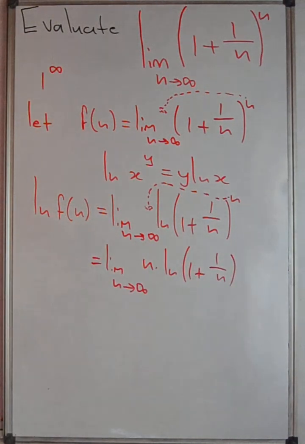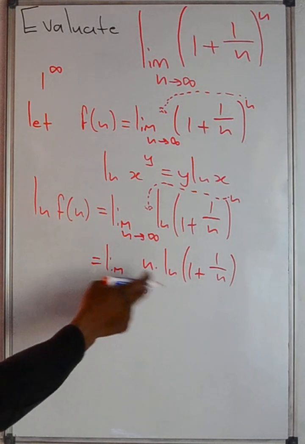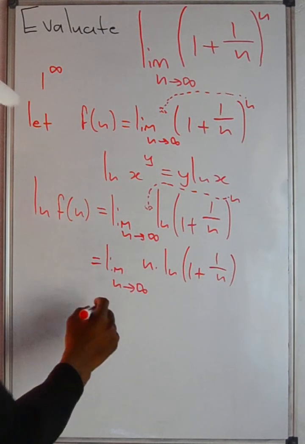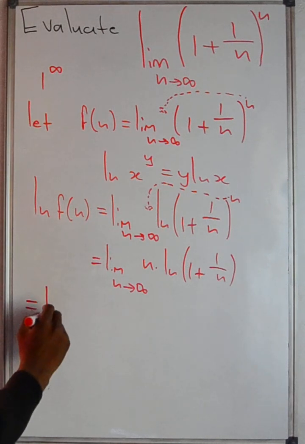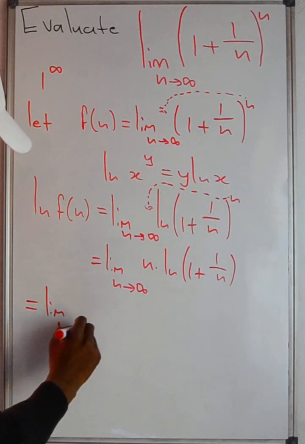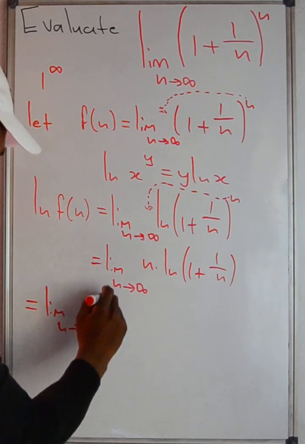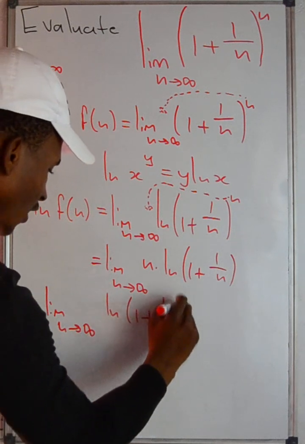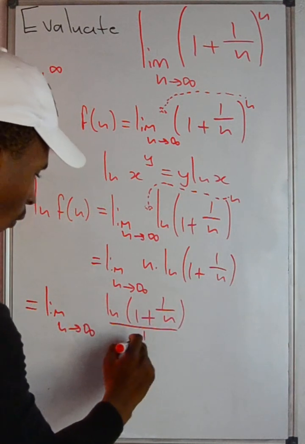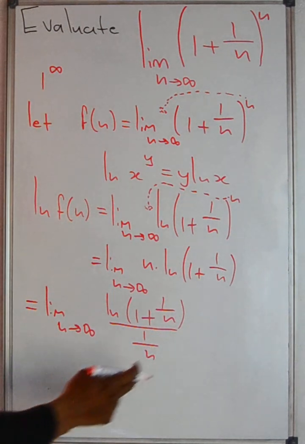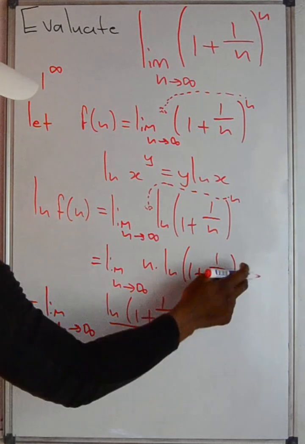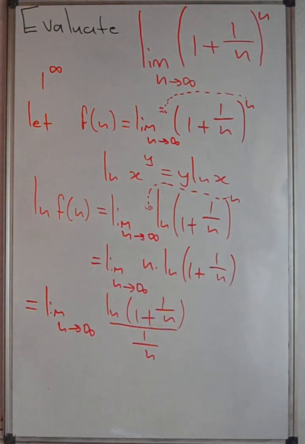That's what we are going to have. Now, how can we rewrite this function in such a way that we don't affect this n? This is the same as the limit of n approaching infinity of ln of (1 plus 1 over n) all over 1 over n, because if we multiply the numerator and the denominator by n, we are going to get the original equation.